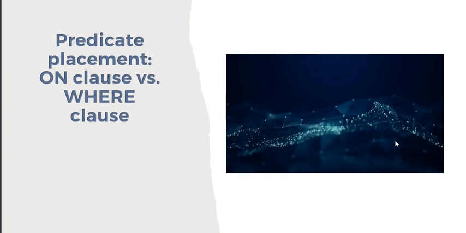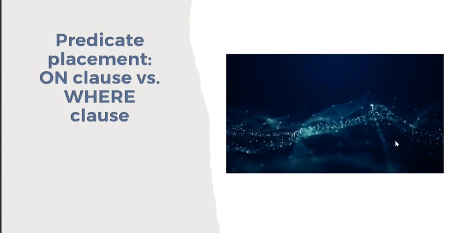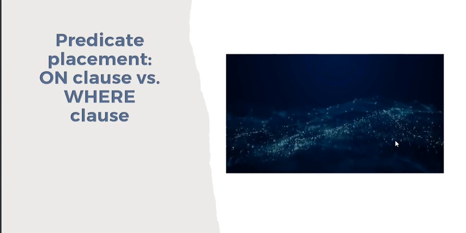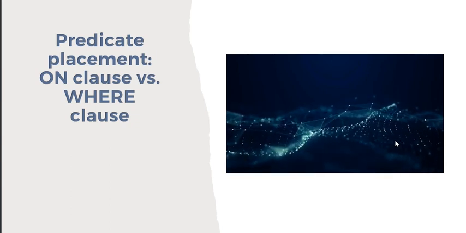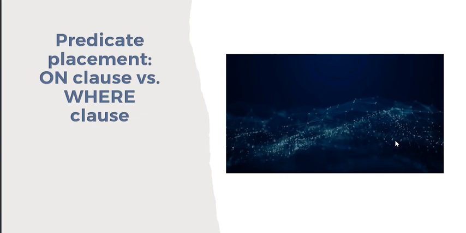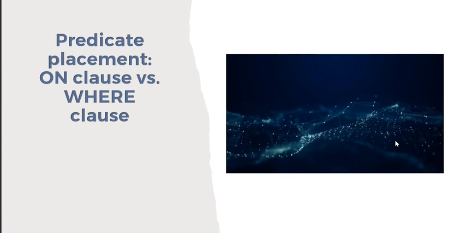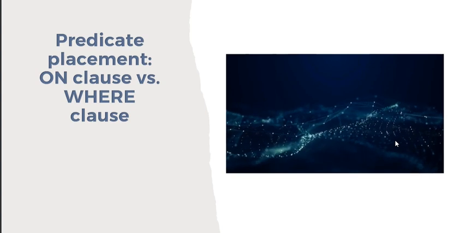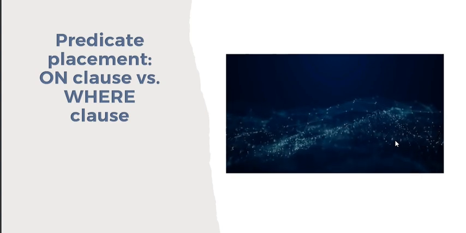When we have a query that has a join in it, we can place a predicate in the on clause, or we can place a predicate in the where clause. If we are using an inner join, the predicate placement does not matter.